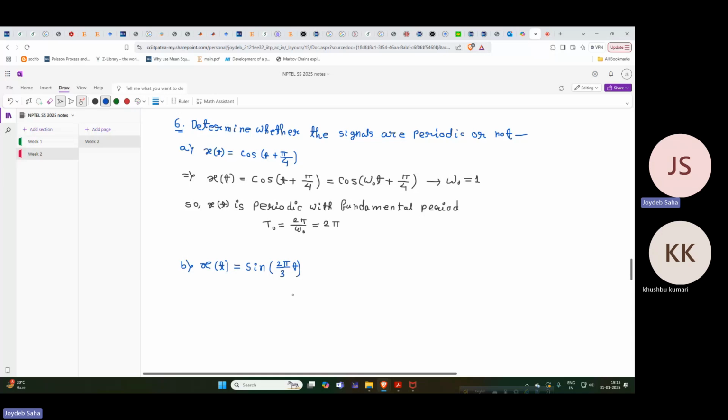You people please try to solve it. Take 2-3 minutes and try to solve it by yourself. If you cannot do it, I will solve it for you. And if you can solve it, just match your answer with mine. Okay, take 2-3 minutes.